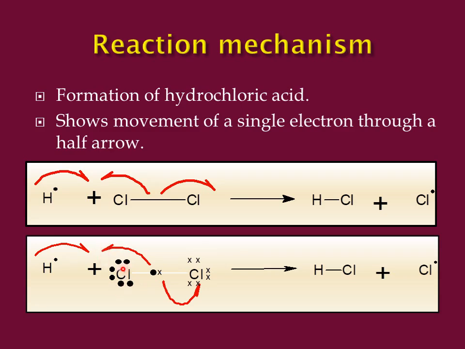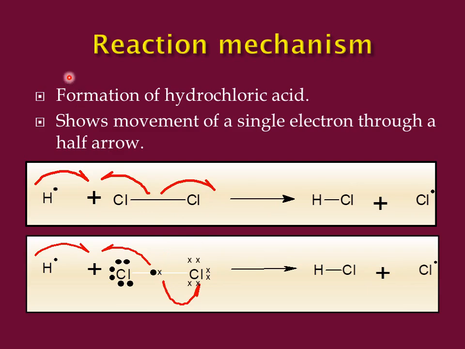Whereas this X representing the electron is going to transfer from this bond towards this chlorine atom, generating another chlorine radical. In this way, a bond is going to form between H and Cl, generating another chlorine radical. So these half arrows are representing the movement of a single electron.